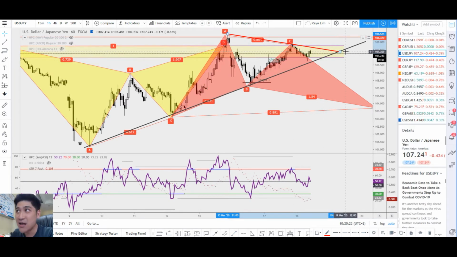Make sense? Because the market will not move until here and go flat and just die. It will not happen. Alright, so it will have to somehow break and close above the high of the trend line, or break and close below the low. Obviously, I prefer the low. Why? It's not because of this bullish bias.